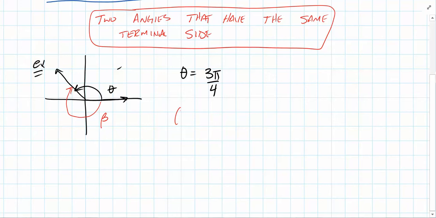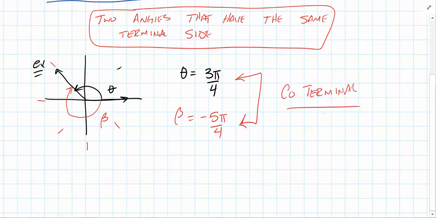So beta is equal to negative 5 pi over 4 if I count backwards: negative 1 pi over 4, negative 2 pi over 4, negative 3 pi over 4, negative 4 pi over 4. Boom, there I am, negative 5 pi over 4. So what we say then is that alpha and beta, these two angles, are known as coterminal. They are coterminal angles because they share the same terminal side. Does that make sense? What do you guys think? Is that pretty good? Okay.